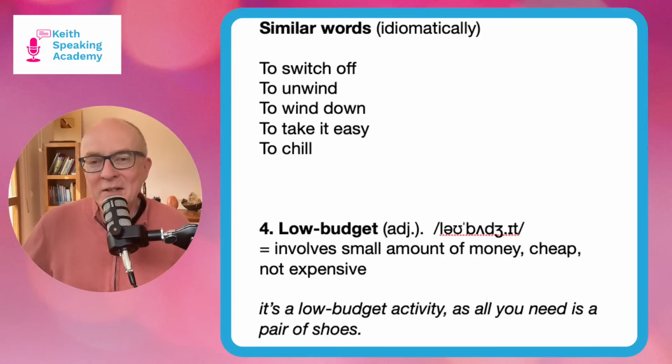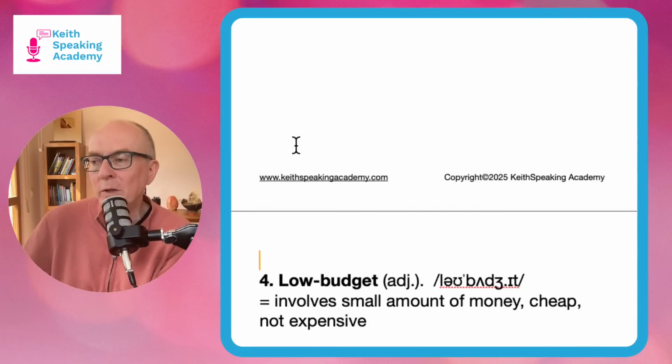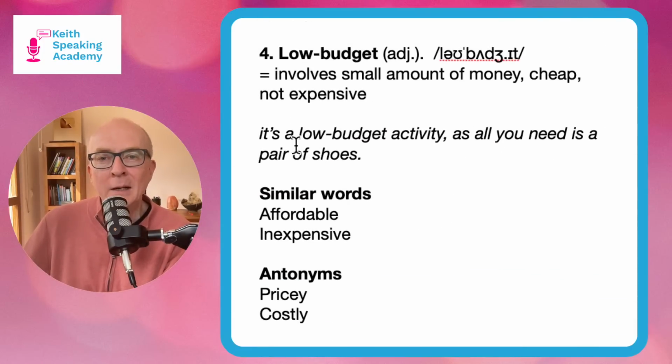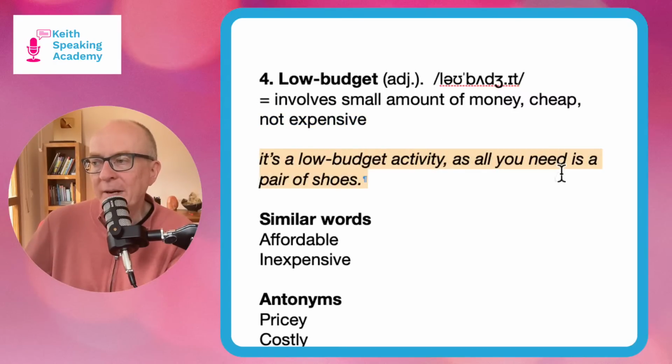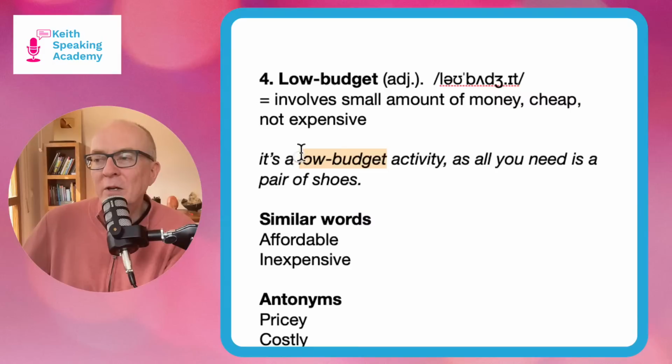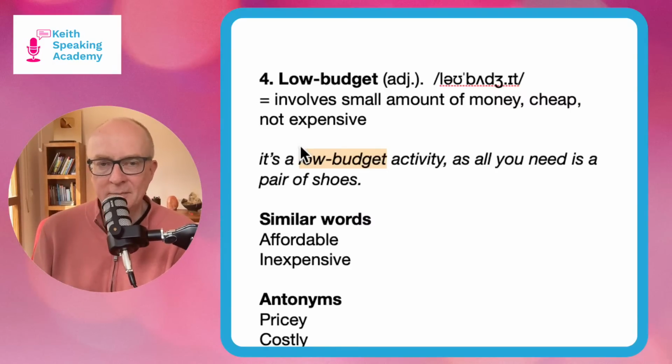Let me do one more word, I think, which is this one. Low budget. Oh, there's two more words. Low budget means a small amount of money. It involves a small amount of money. It's cheap. It's not expensive. It was Brian who said it's a low-budget activity as all you need is a pair of shoes. So low budget involves little money.